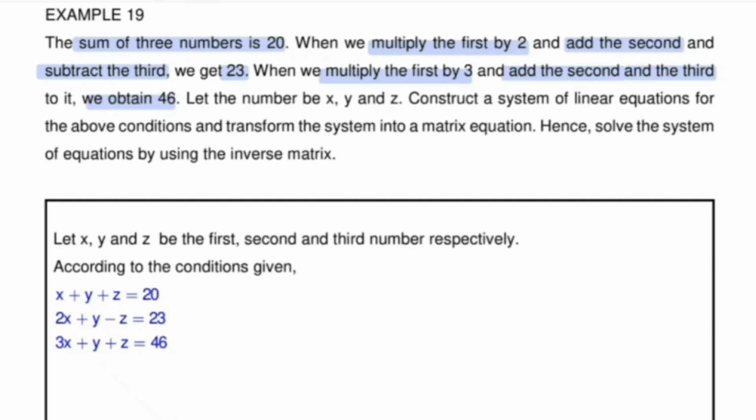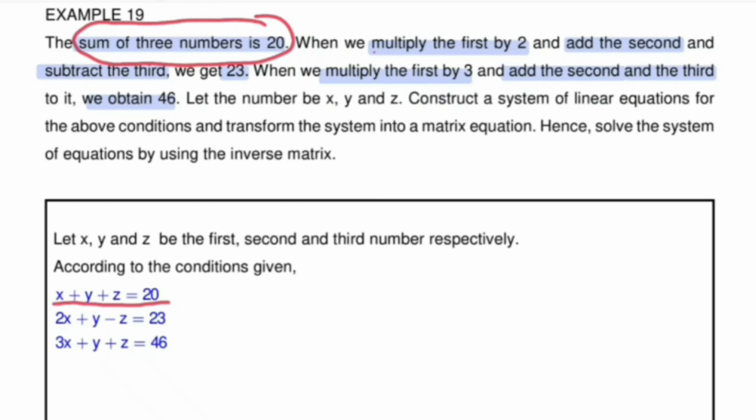Like I said before, we can solve this kind of question using inverse matrix or Gauss-Jordan elimination method. But since the question requests to use inverse matrix, we'll do that. The sum of 3 numbers is 20, so x plus y plus z equals 20.